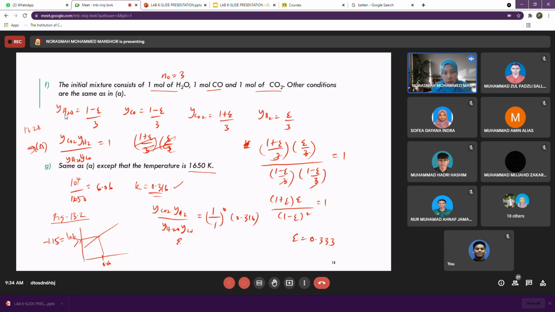Okay, you dapat, apa tadi? Ni square epsilon square 1 minus epsilon square equal to 0.316. So you solve this equation, dapat berapa epsilon? Berapa jawapannya?